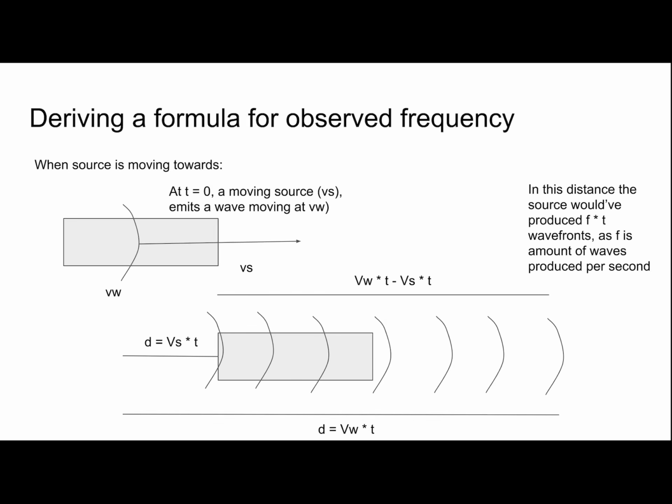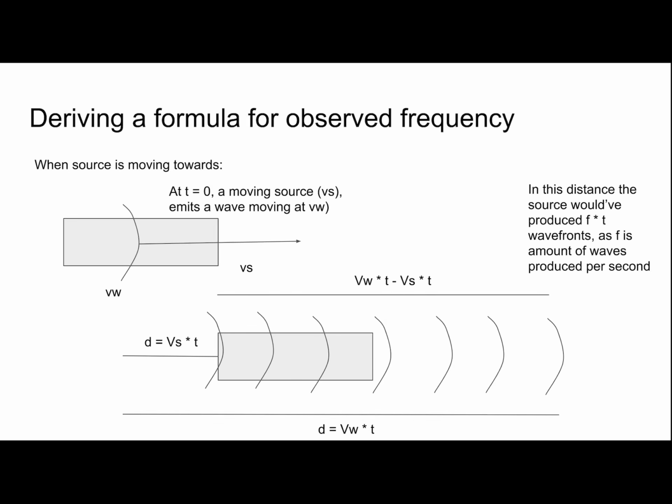So if we look at deriving a formula for the observed frequency, we see a source moving towards an observer. When t equals 0, at the start, we have a moving source, and the speed of the moving source we'll denote as vs, and it's emitting a wave that is moving at a velocity of vw.